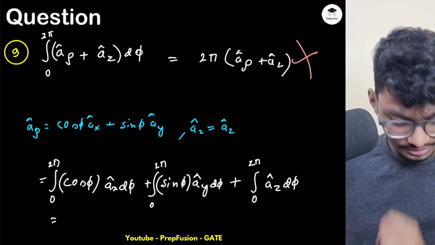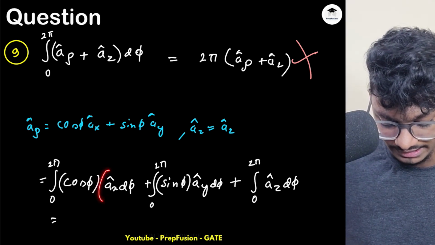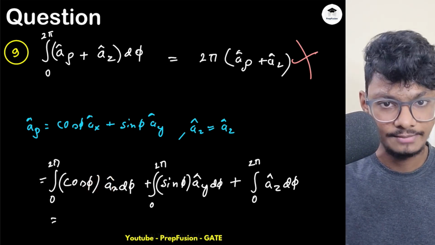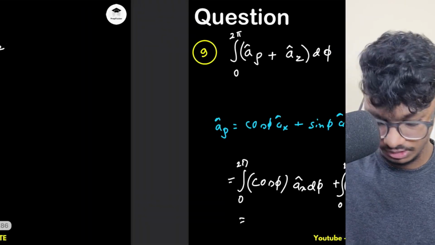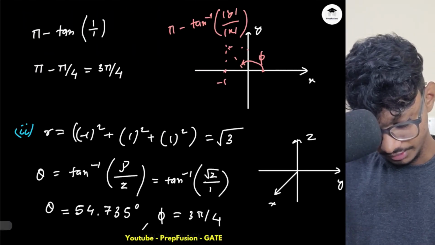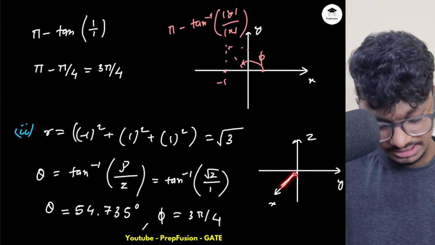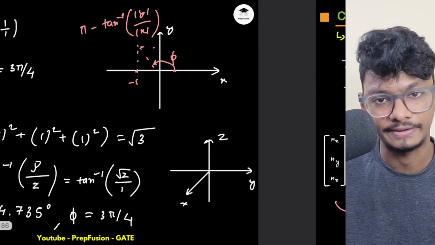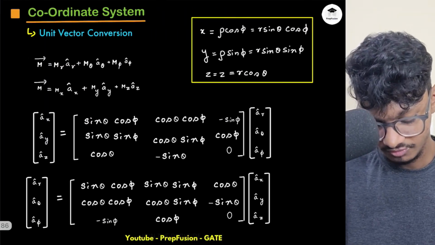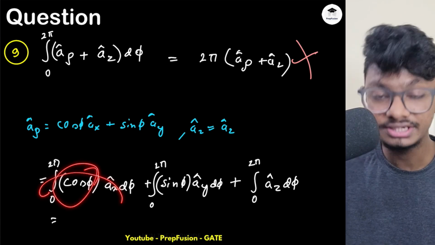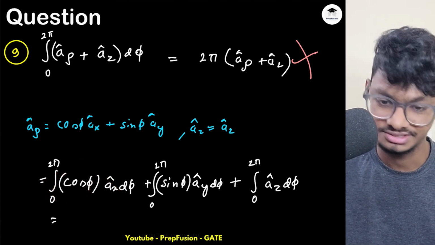So here one thing I notice is that a_x cap is actually not a function of phi. There is no angle change, right? Is this depending on phi? No, a_x cap is in this one direction only, so I can take it outside. And what is the integration from 0 to 2 pi of cos phi? 0.